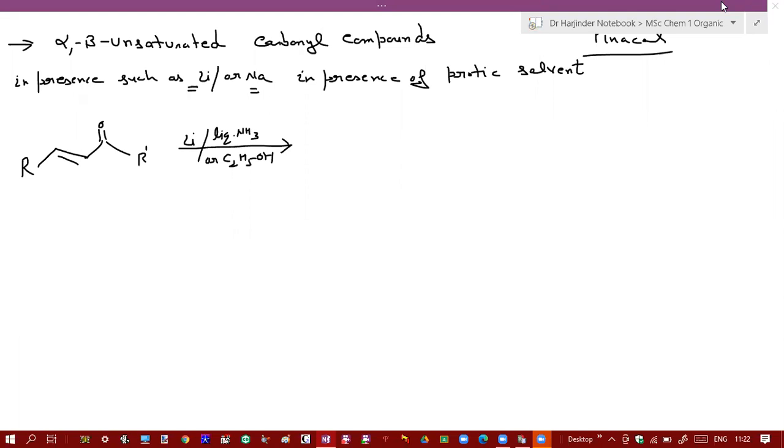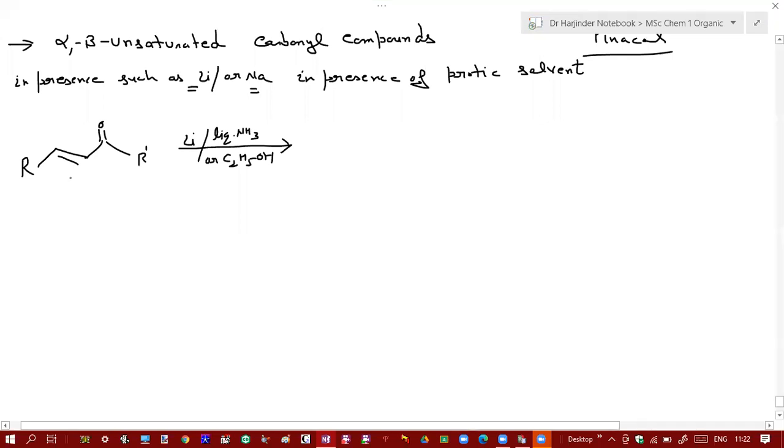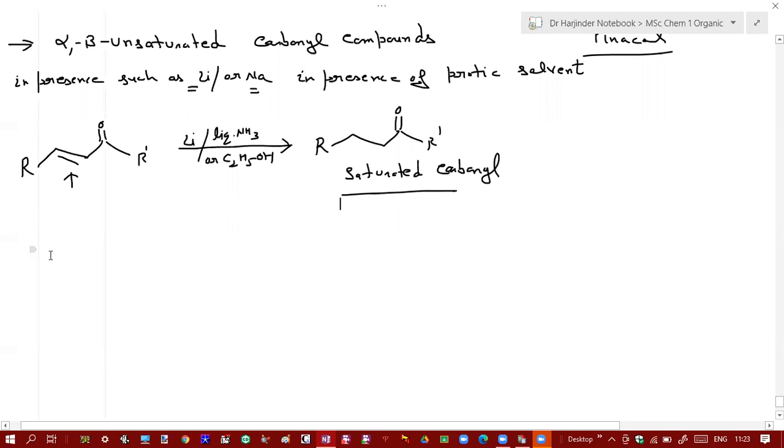Now, in case of metal dissolving reduction, it takes place very regioselectively, and only this carbon-carbon double bond is reduced. So your product is the corresponding saturated carbonyl compound. So let's look over the mechanism.